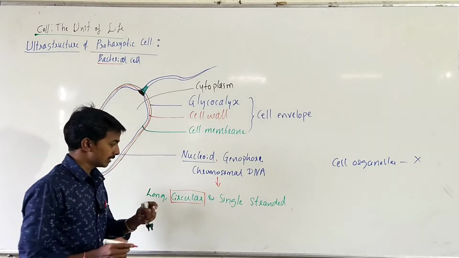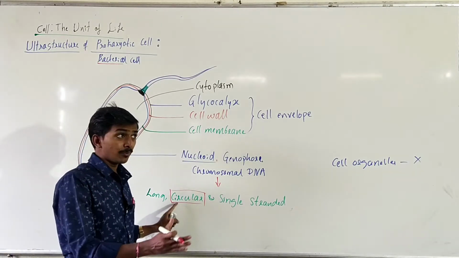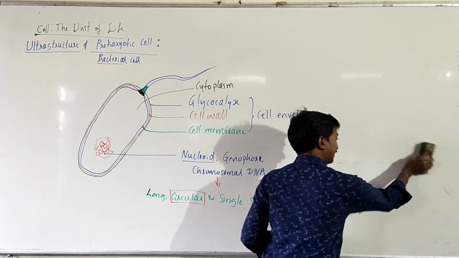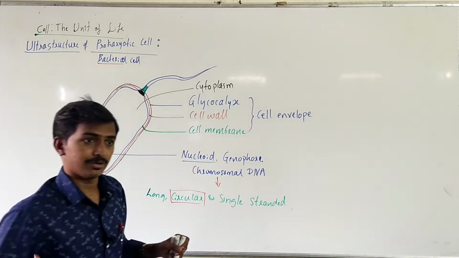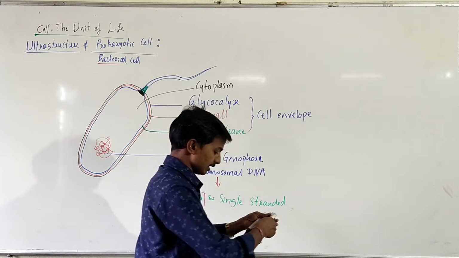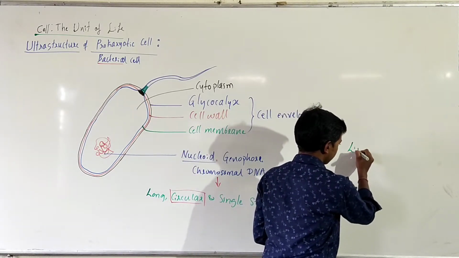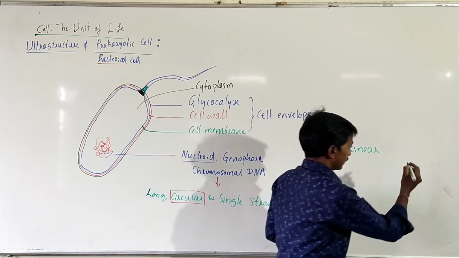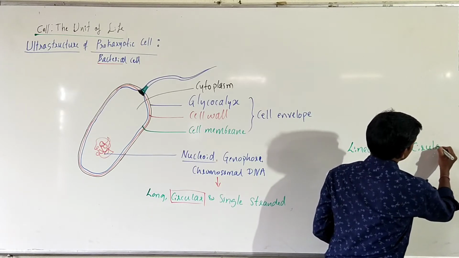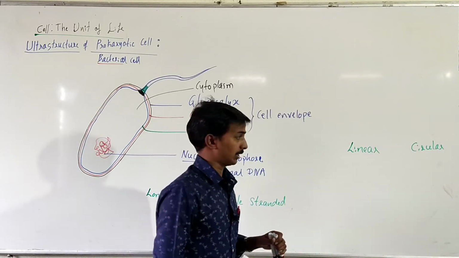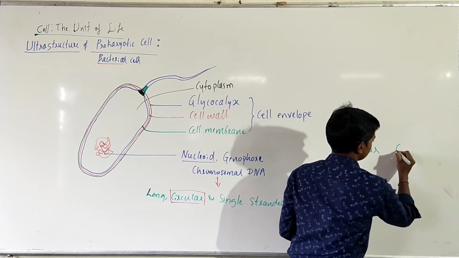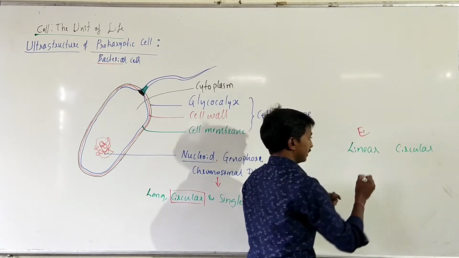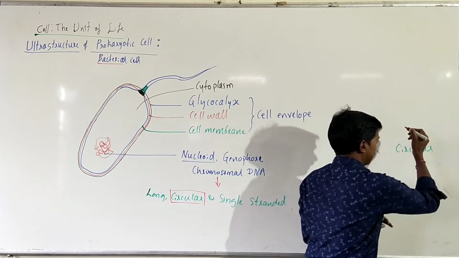This is the major difference between prokaryotic and eukaryotic cells. In eukaryotes, the DNA is linear. In prokaryotes, the DNA is circular.